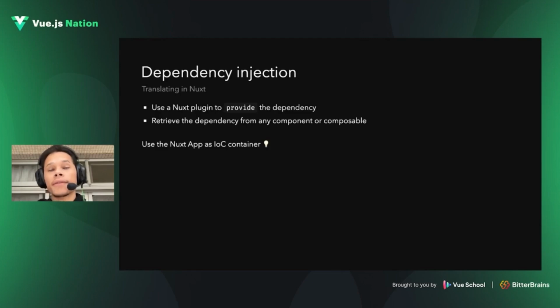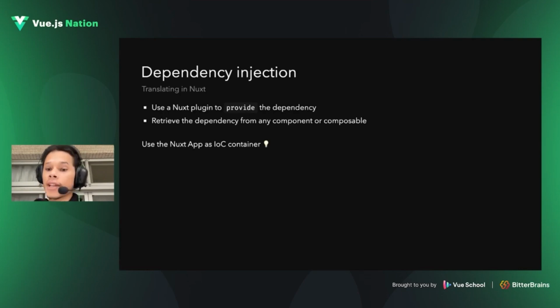In the context of dependency injection, IoC stands for inversion of control. The inversion of control container centralizes the responsibility of creating and managing the dependencies, if you have many. And this centralization is actually what makes it easier to swap the implementations.